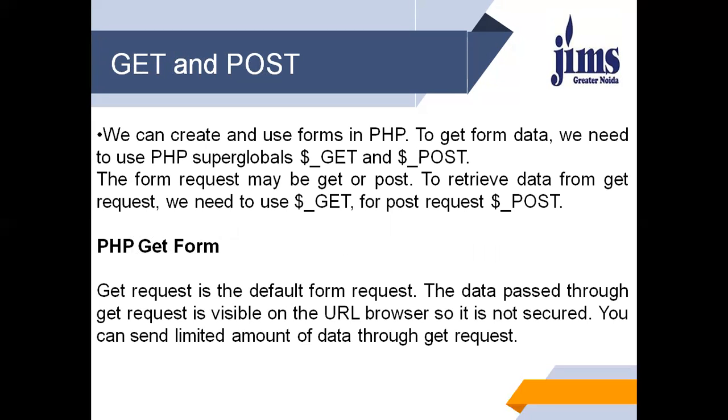Spaces are removed and replaced with a plus character, and any other non-alphanumeric characters are replaced with hexadecimal values. After the information is encoded, it is sent to the server. In the case of the get method, it sends the encoded user information appended to the page request. The page and the encoded information are separated by a question mark character.